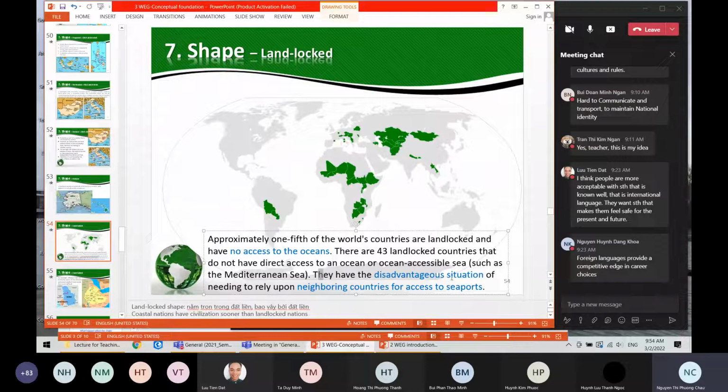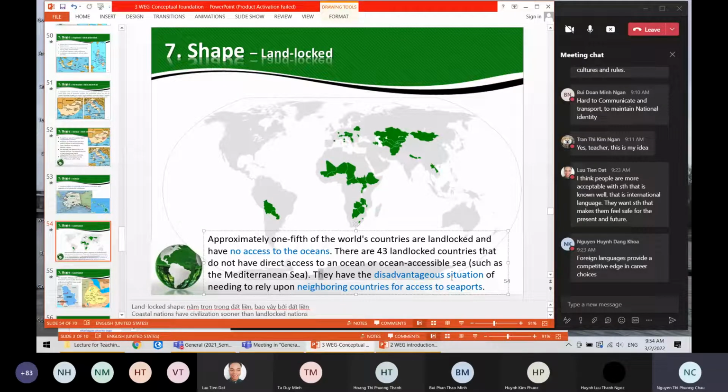And okay, a landlocked nation can use other logistics like air logistics or road logistics, but those ways have some limitations, right? Air transport is expensive, and road transport is limited to a continent. Therefore, sea transport is important.